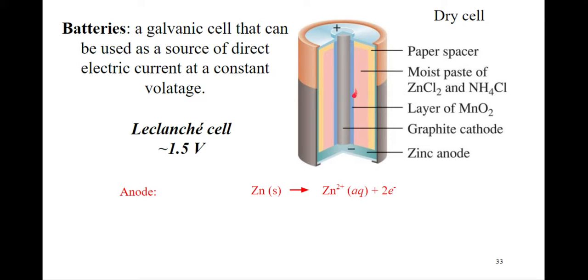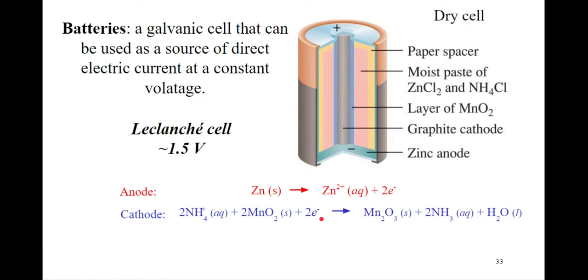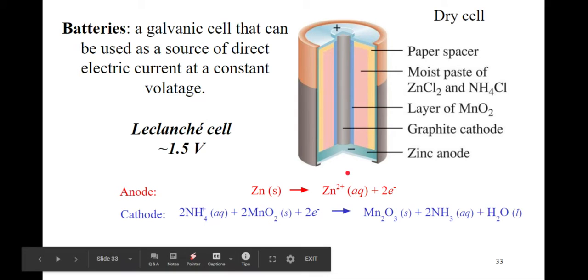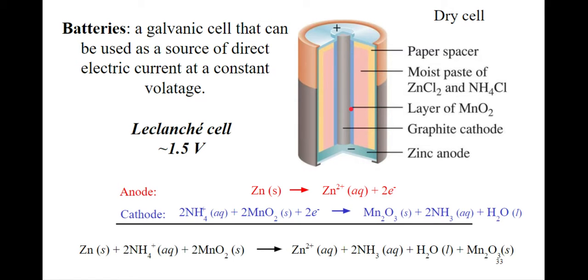The cathode is a little more complicated. It has manganese oxide along with ammonium that can absorb the electron to produce a few things. These are called dry cells because instead of the galvanic cell where you have solutions, you have this moist paste. You have electrolyte paper that's been soaked, so there's not actually any free-flowing liquid inside these things. This is just a 1.5 volt battery, but there's a variety of types.